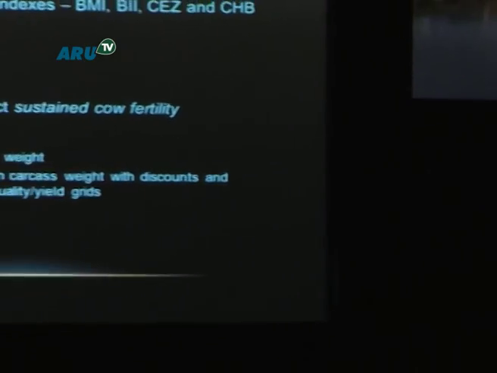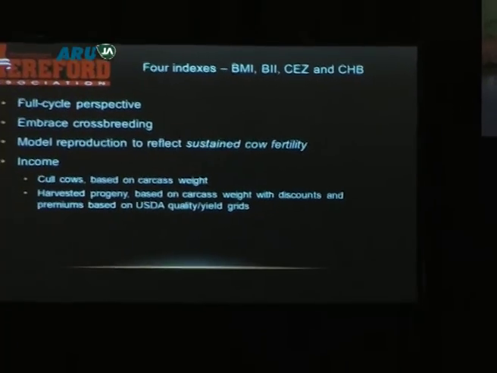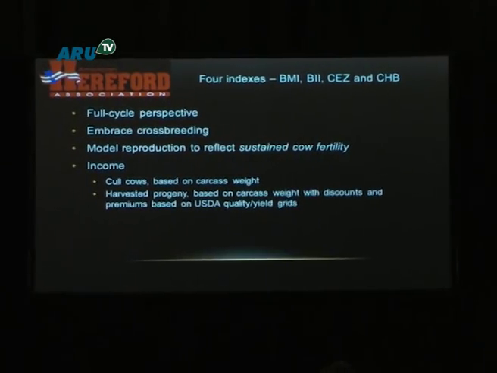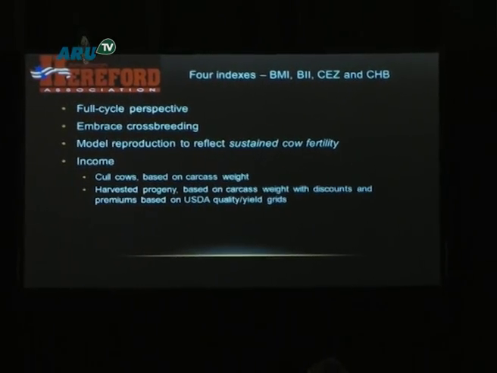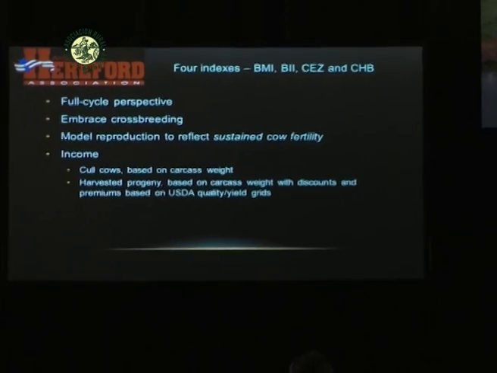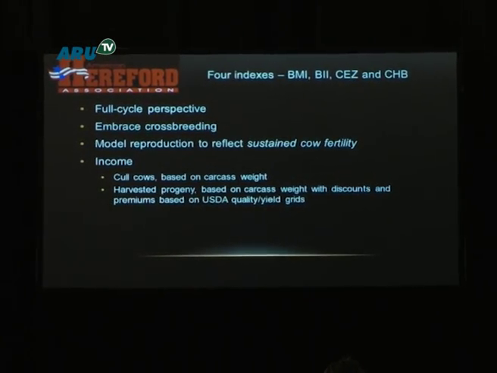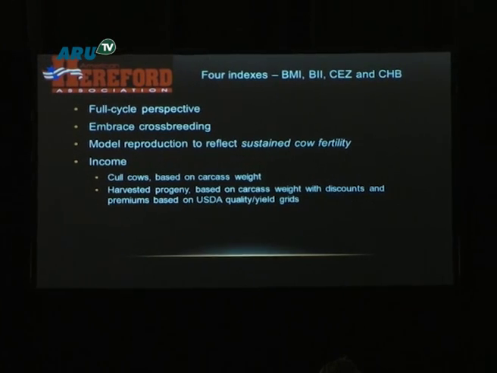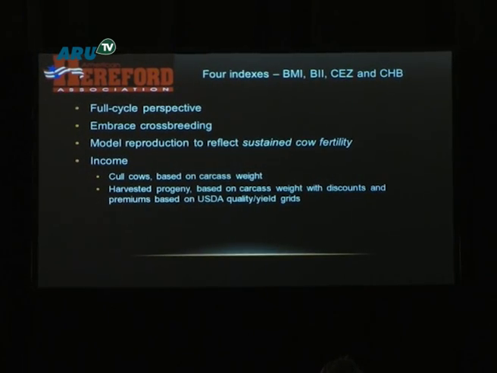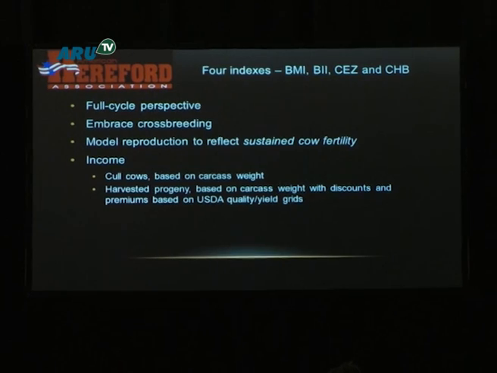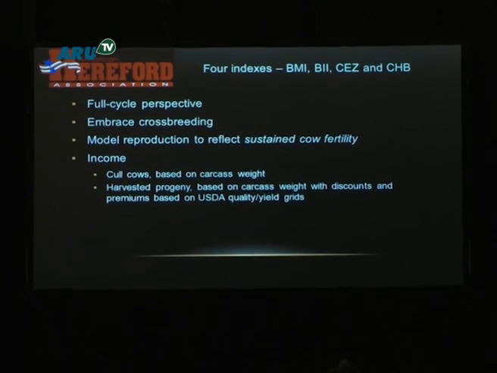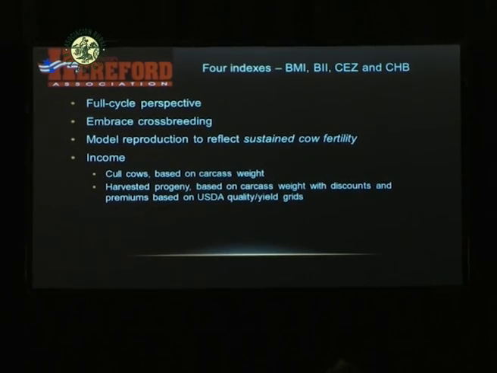And I model reproduction to reflect successful reproduction over a series of production cycles. Income is derived from cull cows based on their carcass weight, and in some instances maybe their age, and harvested progeny based on some premiums and discounts received for better and worse carcasses.